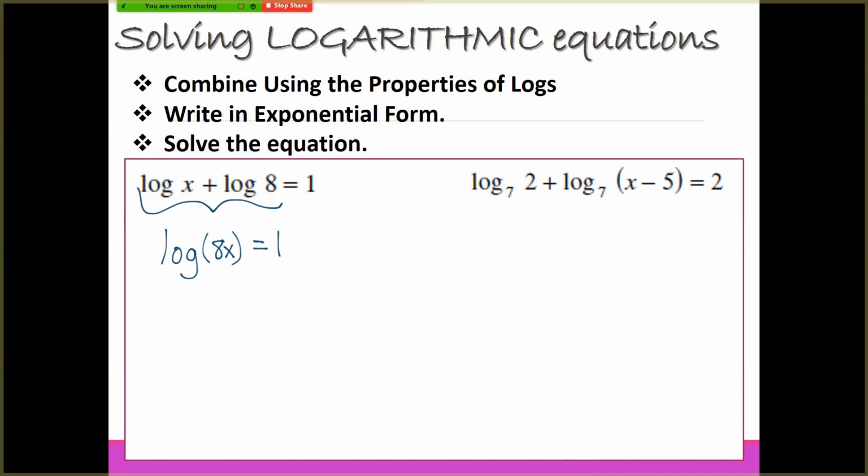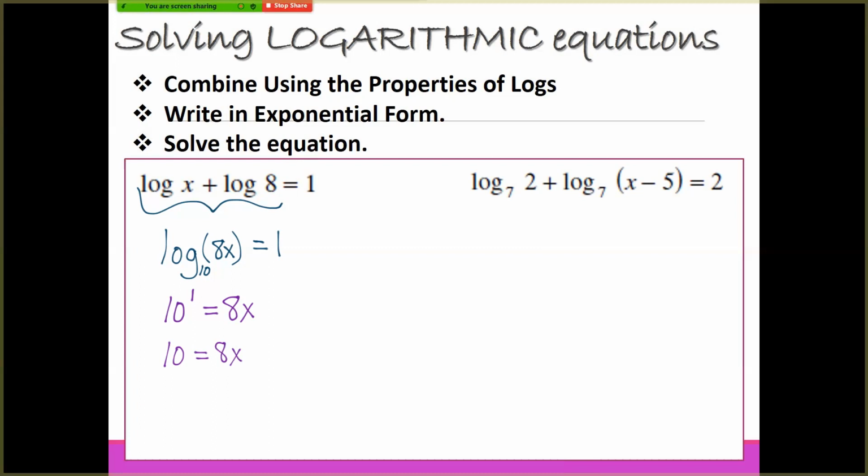Keep in mind we were not given a base. Anytime you're not given a base, you're using base 10. The common log is base 10. So now that we've condensed these, we can go ahead and rewrite this in exponential form. That would be 10 to the first power equals 8x. 10 to the first power is just 10.